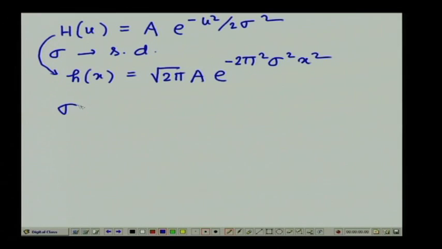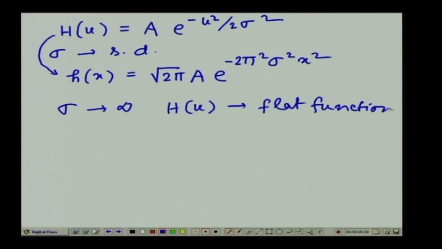Particularly, when sigma tends to infinity, then H u tends to be a flat function, and in such a case the corresponding spatial domain filter h x tends to be an impulse function.